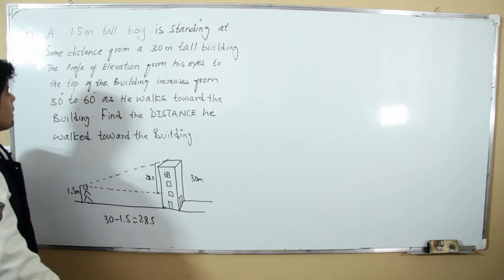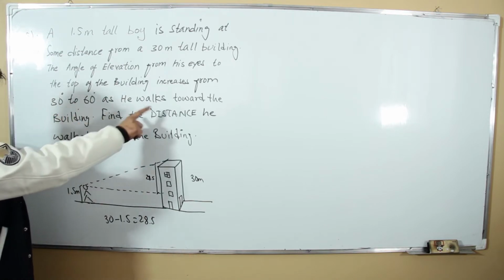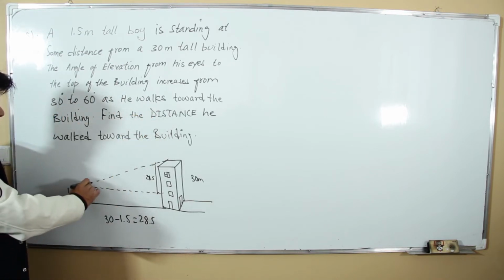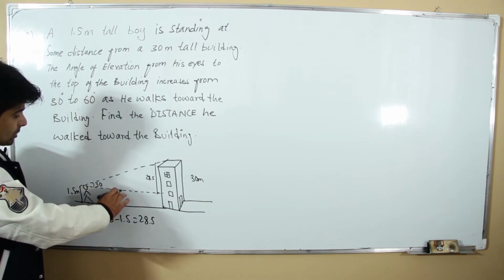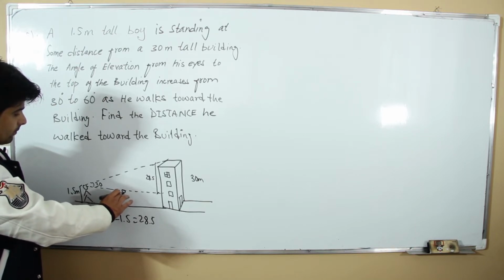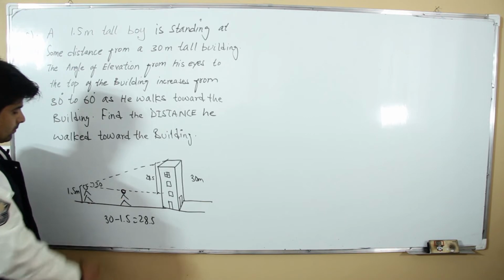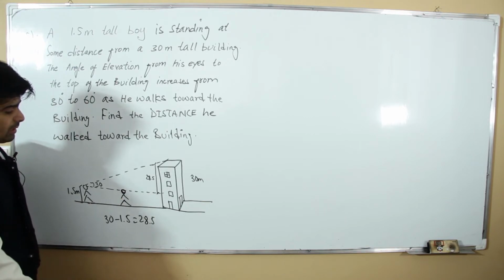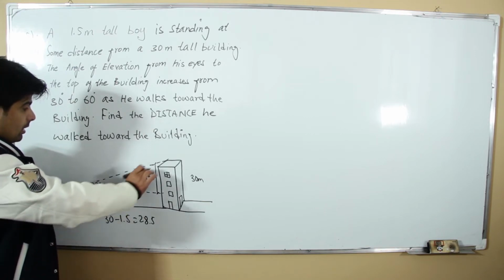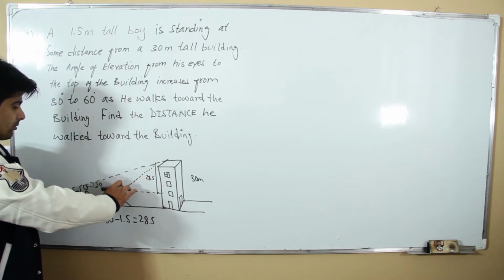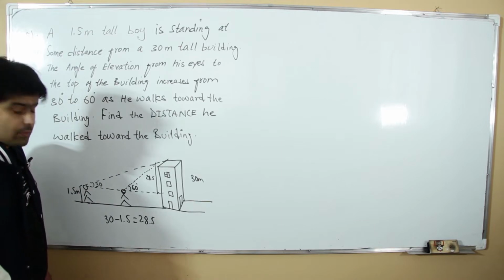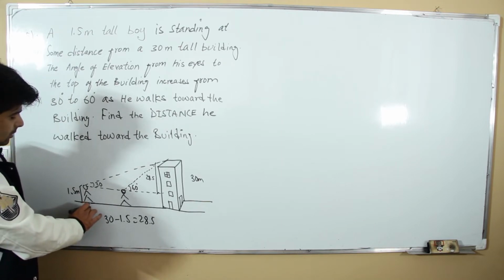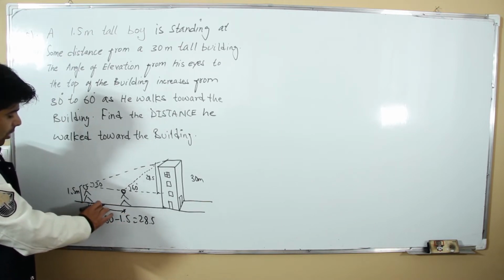Now, he's walking toward the building, and first angle is 30. When he approaches here, now, what do you think? The angle of elevation is increasing. This is 60 degree. You have to find the distance he walked.